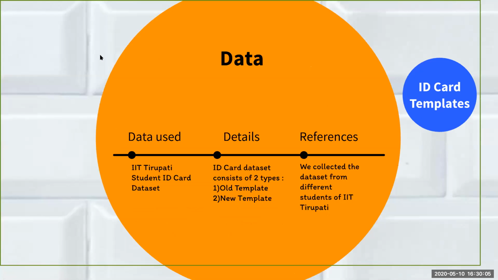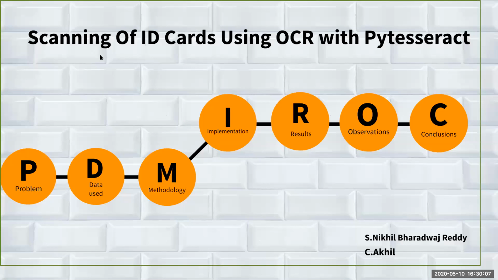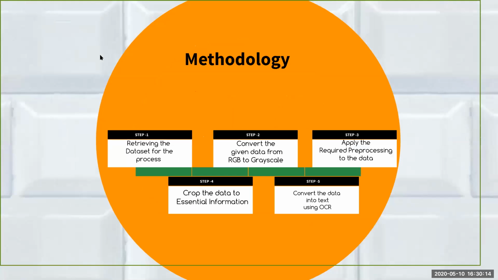And the methodology that we have used for scanning of ID cards is broadly divided into 5 steps. Step 1 is retrieving the data for the process. We got this data from the students of IIT Tirupati, and we have used this data to take the project forward.